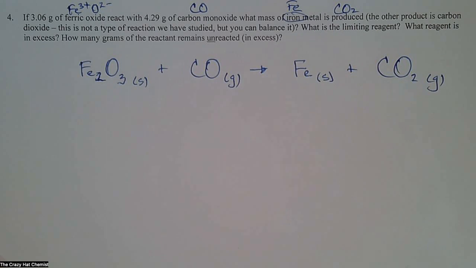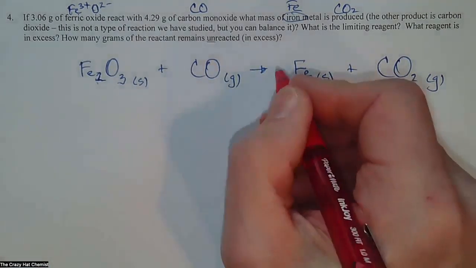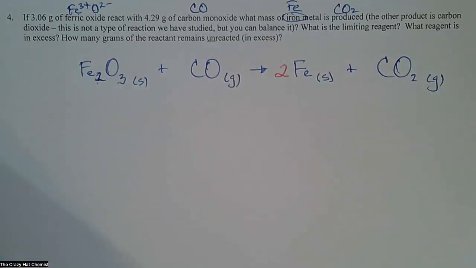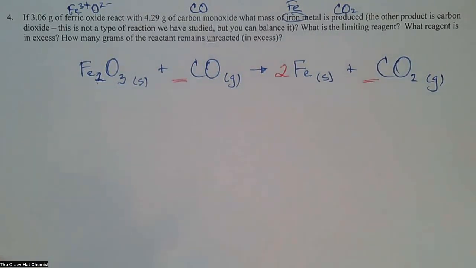All right, so now what we need to do is balance it. We're going to take a look at this and say, oh golly, what do we need to do? We need to put a 2 in front of that iron. This is a very difficult balancing.